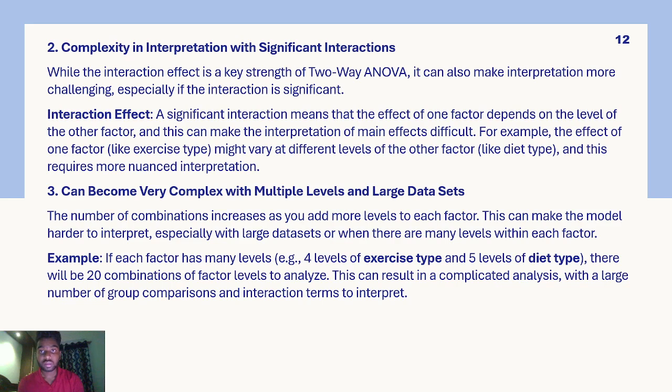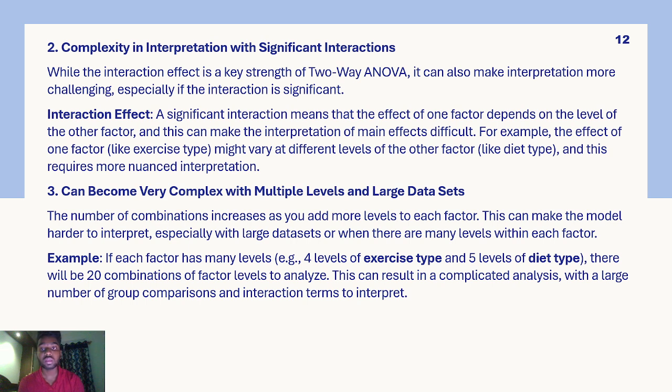Complexity in interpretation with significant interactions. While interaction effect is a key strength of two-way ANOVA, it can also make interpretation more challenging, especially if the interactions are significant. Interaction effect: a significant interaction means that the effect of one factor depends on the level of the other factor, and this can make the interpretation of main effect difficult.